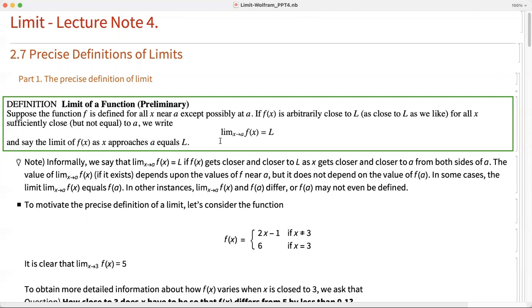How can we express close to L or approaches a mathematically?